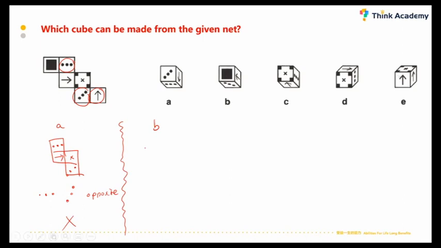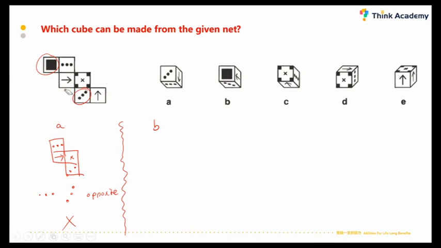What about option B then? So option B has a black square, 3 dots diagonally, and an arrow. So I'm not too sure which arrow it is. It could be this one or it could be this one. Okay, I'm not certain. So how should we try and transform this?